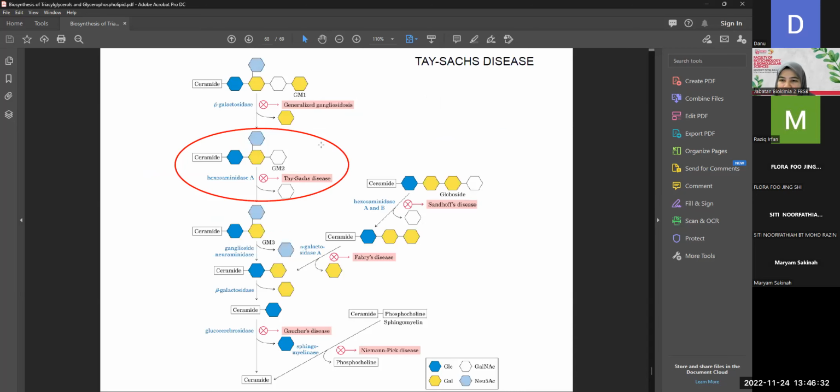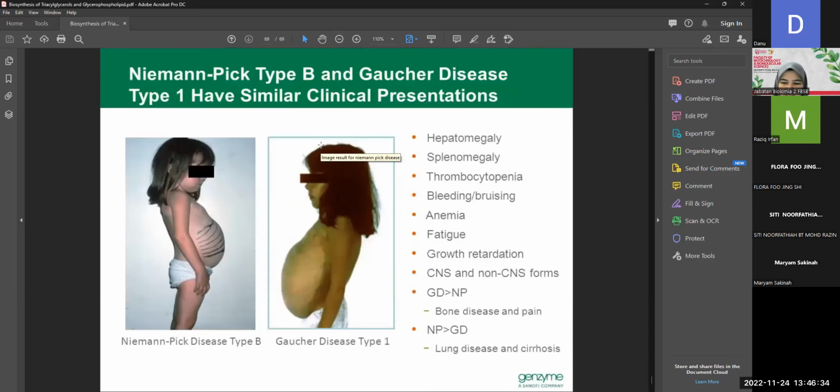All right, so this one is Niemann-Pick, and this is how the symptoms appear. But it's not that easy to determine, because it involves some gene, so they really need to understand.